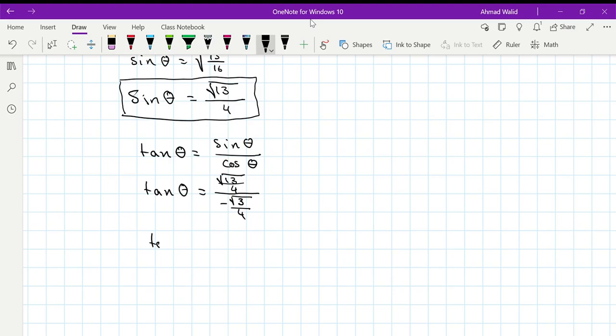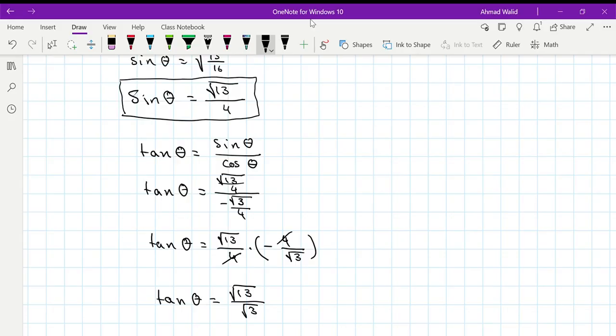Then I can say tan theta equals radical 13 over 4 times, flip the denominator, negative 4 over radical 3. You can cancel out 4 with 4. Then you can write tan theta equals radical 13 over radical 3, but negative, correct? Now, if you want, you have to rationalize the denominator, right?